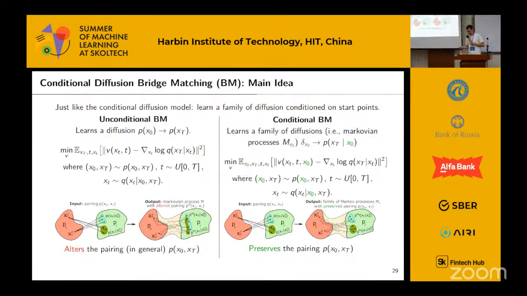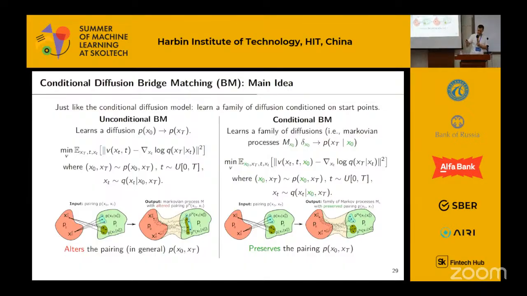For each x0, we learn a diffusion which transforms point x0 to the conditional distribution which corresponds to this point. If we want to visualize this, previously we learned just one stochastic differential equation. Now for each point, we have its own separate stochastic differential equation.